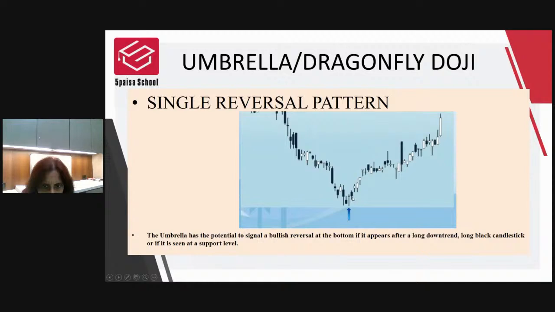So as you can see over here again, there is a black candle, but after that, this is on the higher side as compared to this particular dragonfly doji which happened on the very previous day. So look at its high, look at its low, look at its opening price, and look at its closing price.